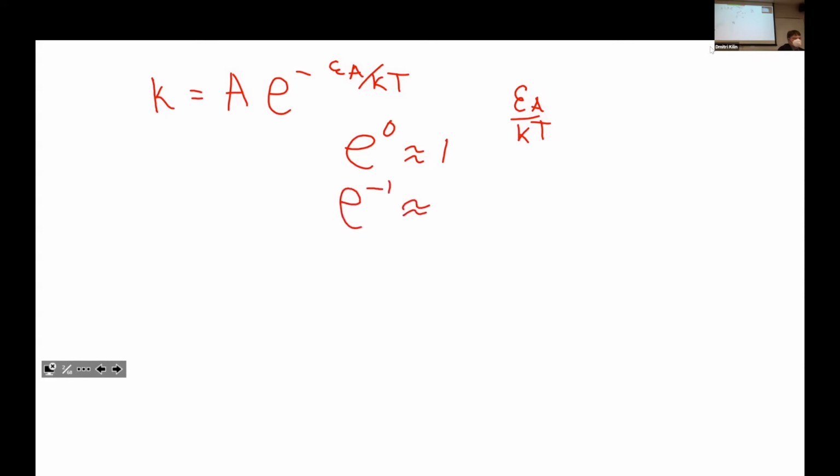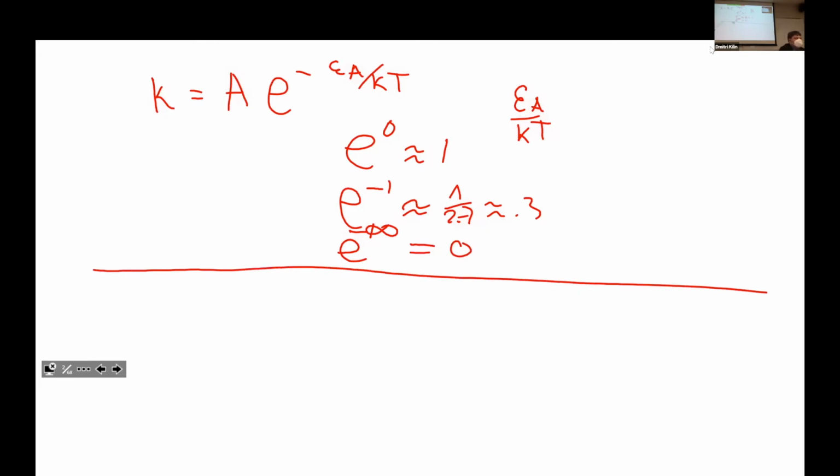It will be like 1 divided by 2.7, so about 0.37. And if activation energy is substantially bigger, then it will be e to the minus infinity, will be 0. This means now, mathematically, what can we do and how can we treat this stuff? What if you divide left and right by A, and then take natural log of both parts.